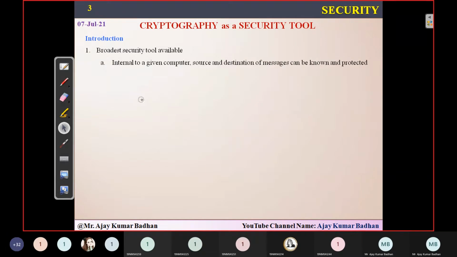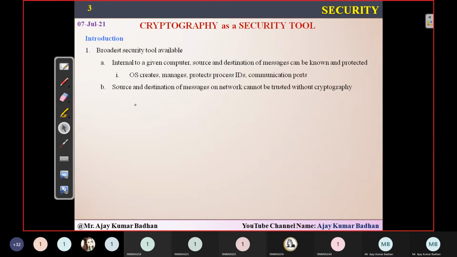Whenever you are transmitting, this cryptography is used for the transmission of data over a network. For example, you want to send a Gmail to your friend.